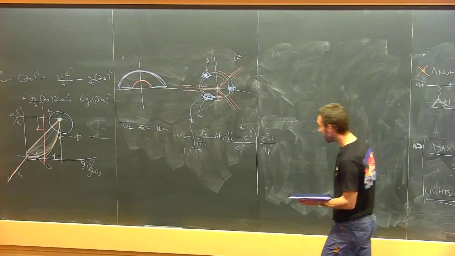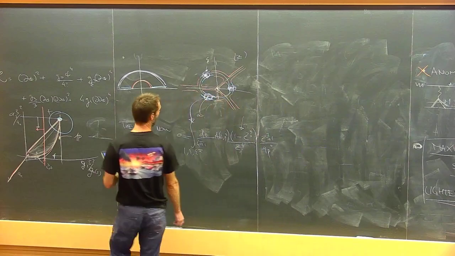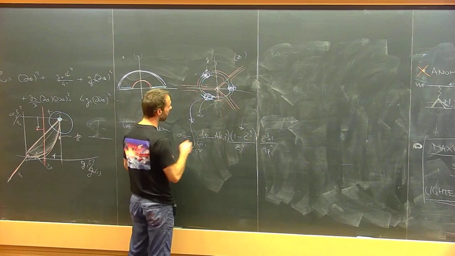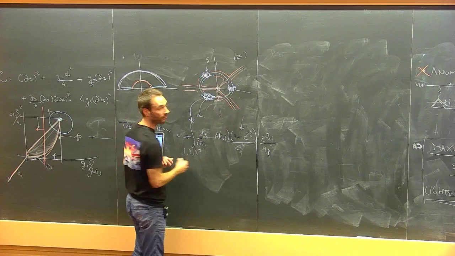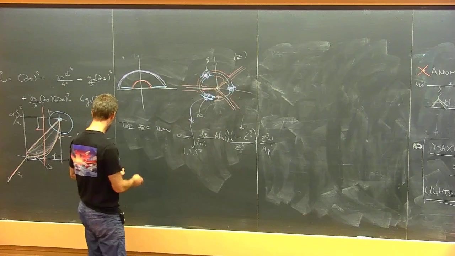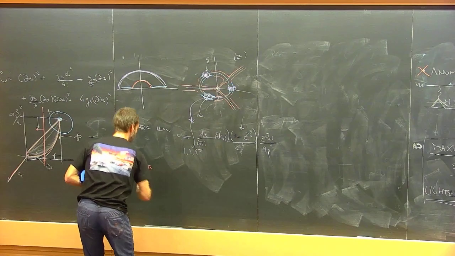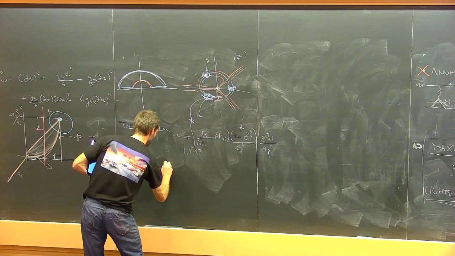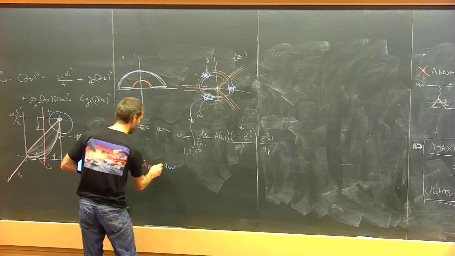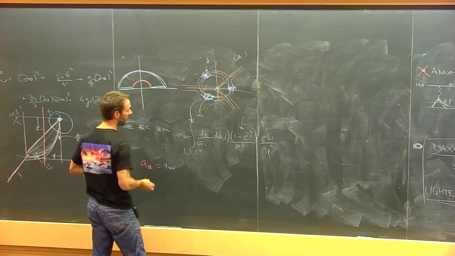Okay, now as we said, we deform this into the blue contours and the red contours. And what we get is that, again, we get a relation between IR and UV.